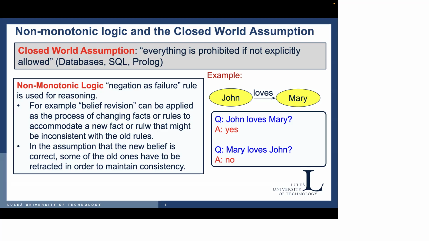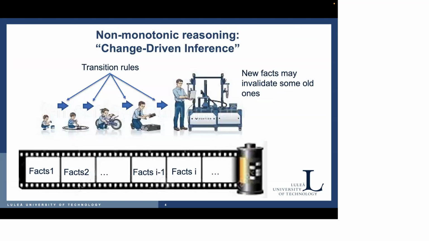In this case, if some new fact appears, you need to do revision of your rules and facts, because some new facts may come in contradiction to what you know about the environment before. And so the typical functionality for this type of systems is that you should do belief revision.